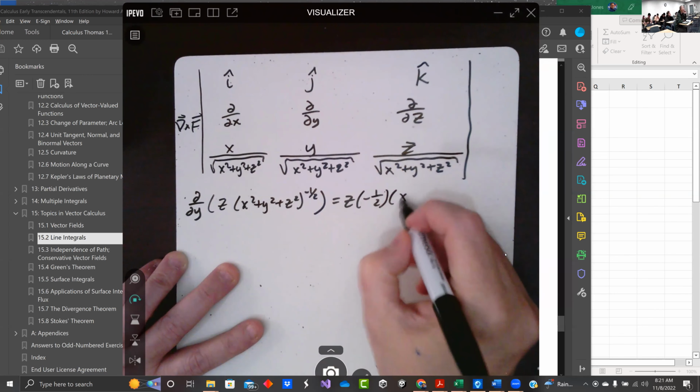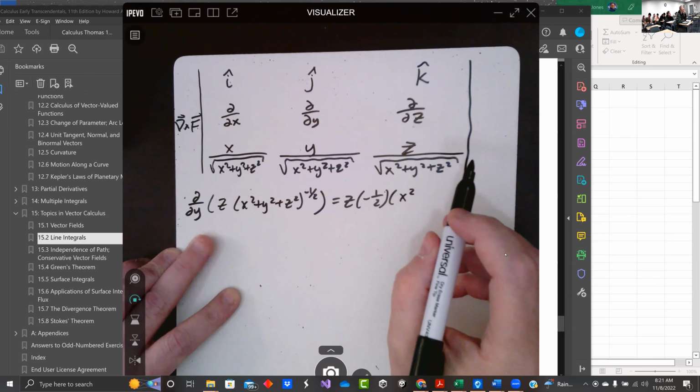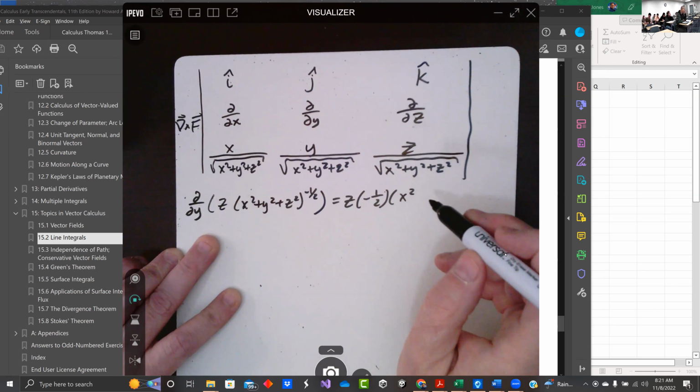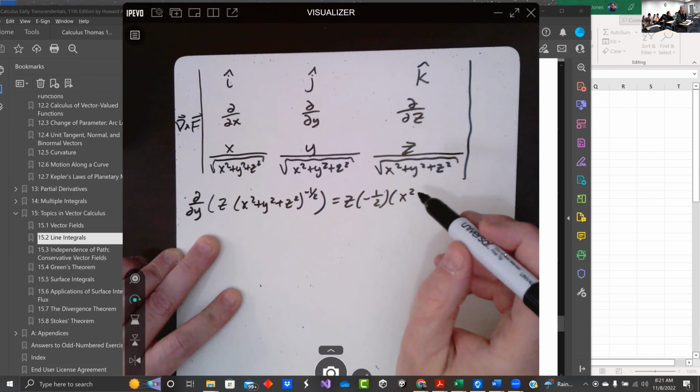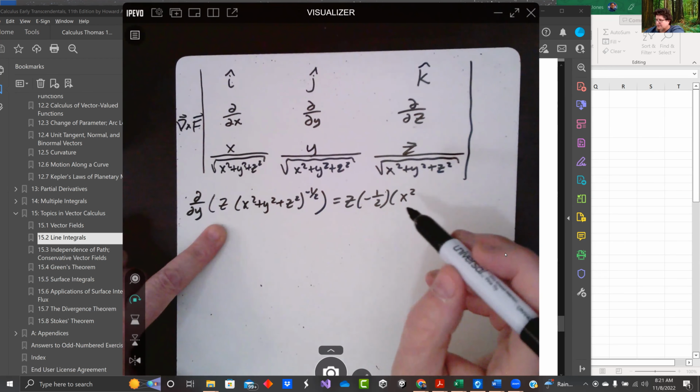Wait, this x squared matters. Plus, when you find the derivative, you multiply by the partial of the inside with respect to y, which is y over the square root of x squared plus y squared plus z squared. Where are you getting the idea that the second one will not be a problem? I didn't dump the z. The z's still there.